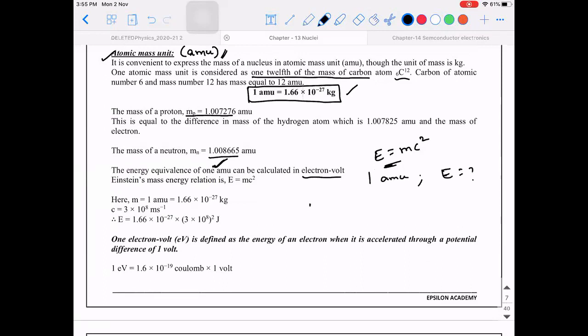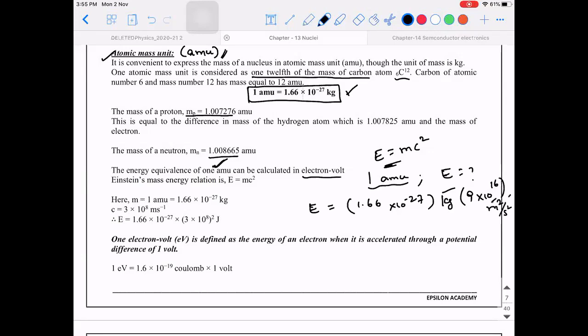Observe. So E is equal to mc square. One AMU is how many kilograms? It is 1.66 into 10 power minus 27 kilogram. c square is how much? It is 9 into 10 power 16 meter square per second square, accepted. So what will I get when you multiply?